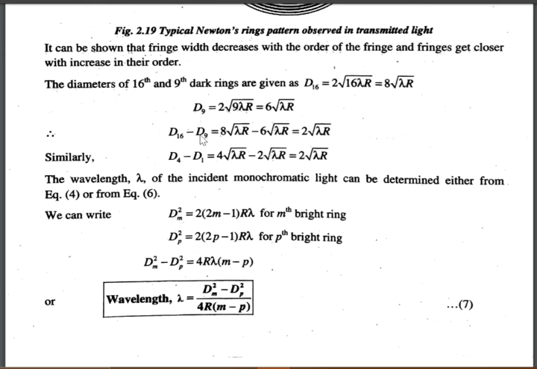Now take the difference. D16 minus D9 is 8 into square root of lambda R minus 6 into square root of lambda R, which is 2 into square root of lambda R. Similarly, D4 minus D1, you will get the same thing, 2 into square root of lambda R. So the wavelength lambda of the incident monochromatic light can be determined either from equation 4 or equation 6.